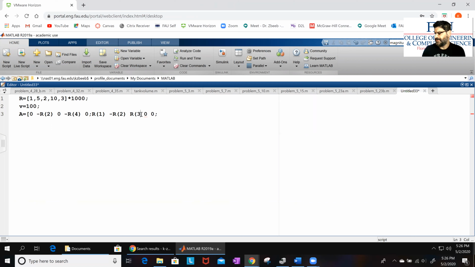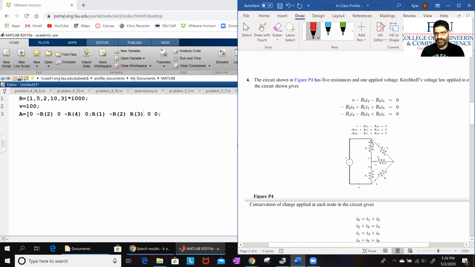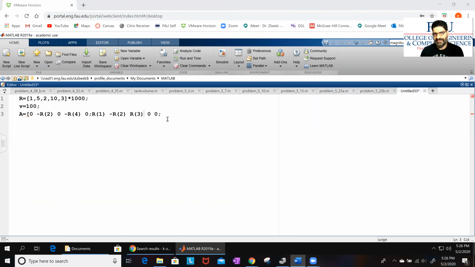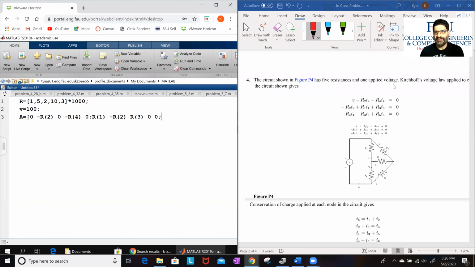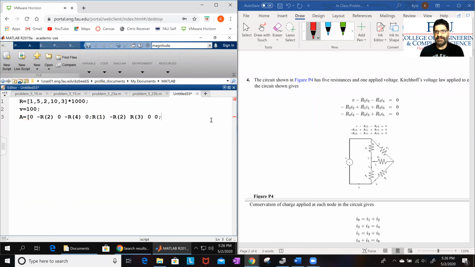So now this is the second row. Now the third row. It doesn't have any I1, so we have 0. It doesn't have any I2.